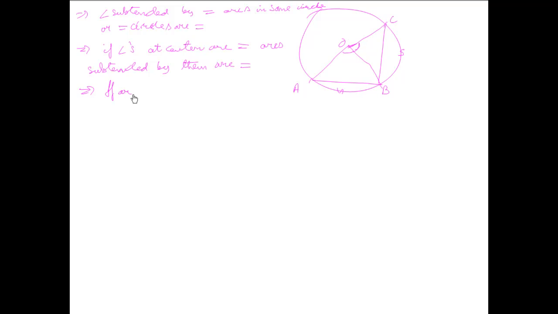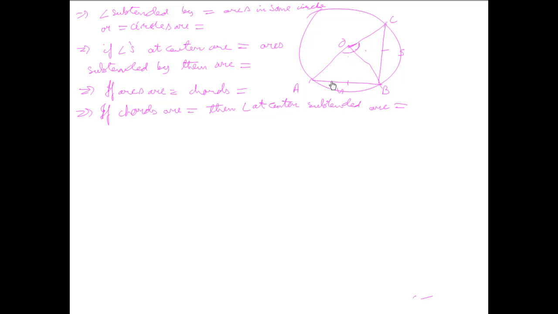If arcs are equal, chords subtended are also equal. And converse, if chords are equal, then angle at center subtended by them are equal. No proofs required for this children, just apply the theorem. No proofs are required for this. That chords are equal, angles and arcs are equal.